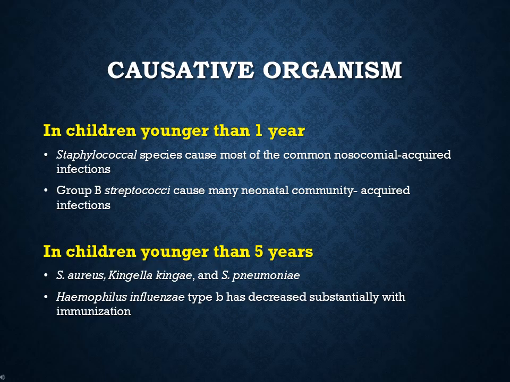In the age group under 5 years, the most common pathogens include Staphylococcus aureus, Kingella kingae, and Streptococcus pneumoniae. It is important to note that the incidence of Haemophilus influenzae type B infections has decreased substantially due to widespread immunization programs. For children older than 5 years, Staphylococcus aureus remains the primary causative organism.